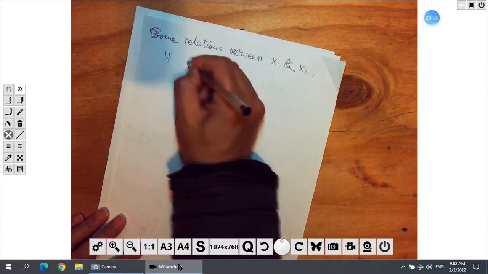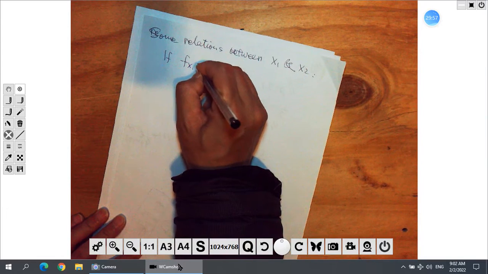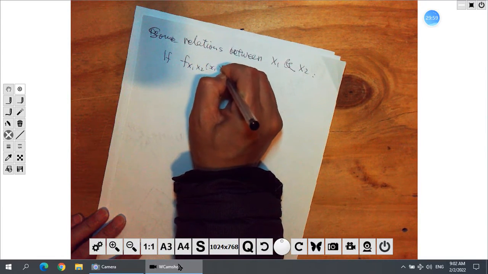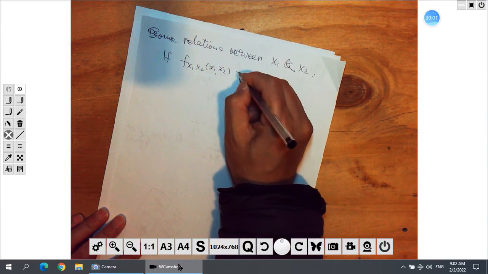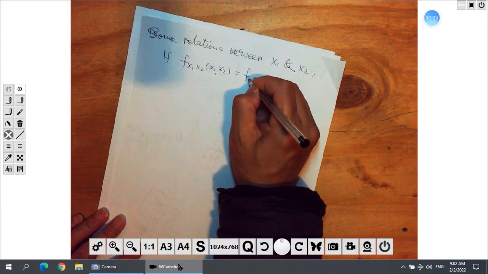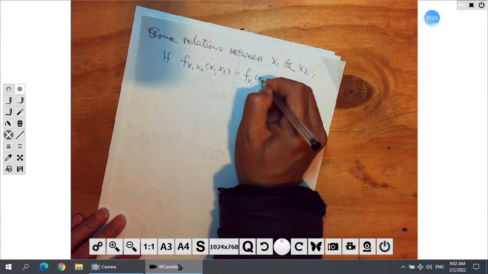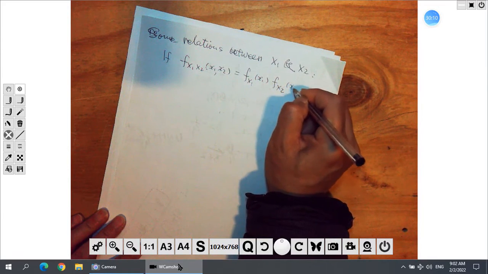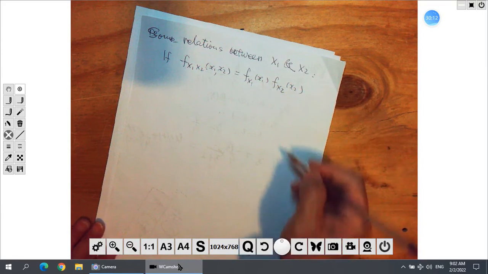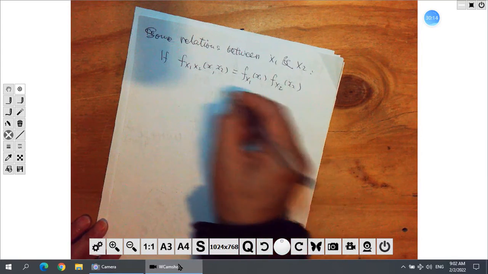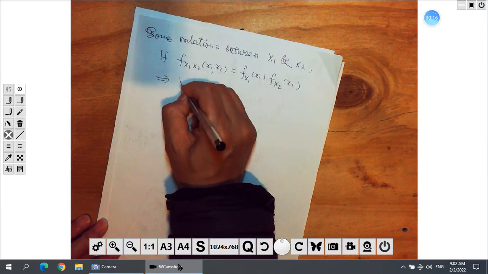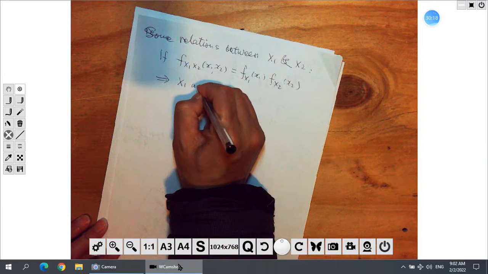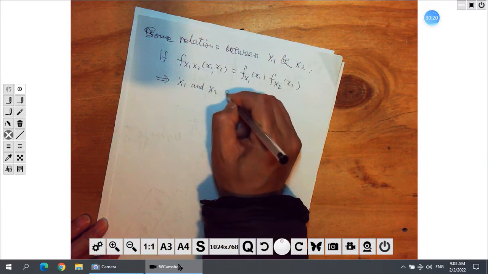If the joint density is equal to the multiplication of the marginal density functions, if we have this, we call x1 and x2 independent.